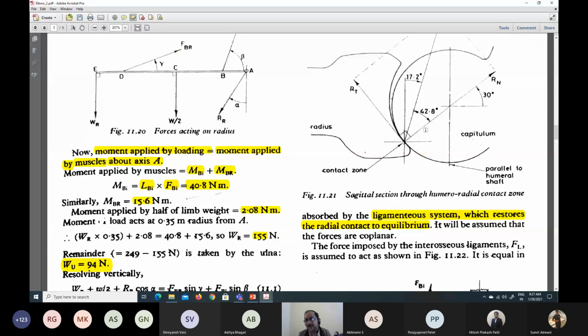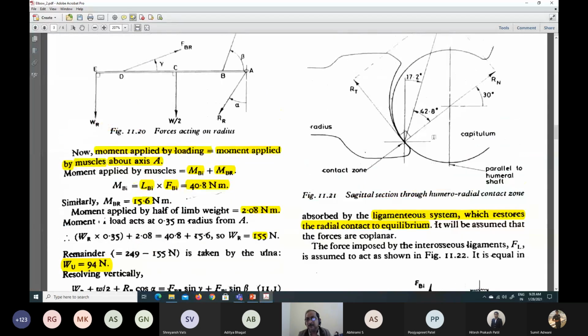So if this is 30, this angle is also 30. And this whole angle is 90 between RT and RN, because they are two orthogonal components. So we have basically all the angles now. So this is 60, this is 30, this is 30, and this is 30.